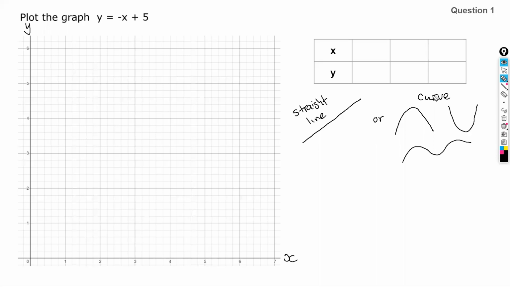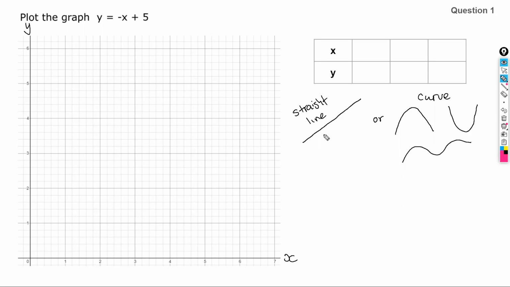Curves are more complex, and the amount of working you're going to have to do is significantly more. In other words, the straight lines are the easy questions to draw, and the curves are the harder ones to draw. But how do you know whether you're going to get a straight line or a curve? It's very, very simple. There's a general rule.